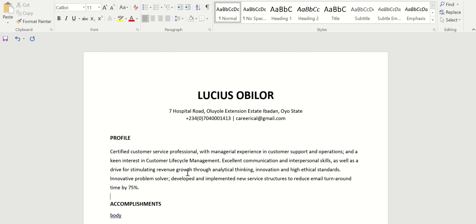Just in that one line, okay? And then it goes into specifications of the kind of area the person specializes in, talks about customer support and operations. And then to appeal to the particular job in question, it mentions customer lifecycle management. This can be an avenue to match keywords in terms of the job listing that the person is applying to.